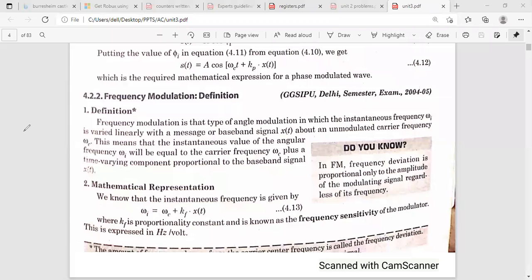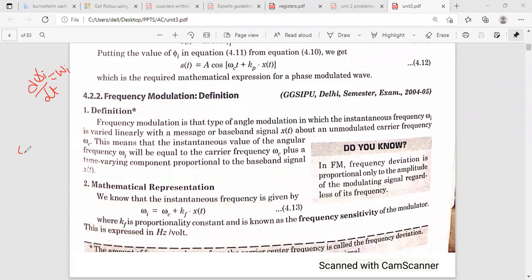So first you have to get the relation between omega I and the phase angle. We already derived this first. What did we get? d phi by dt is equal to omega. At the start we said d phi by dt equals omega. Just you have to put the subscript I in phi I, for the instantaneous value.